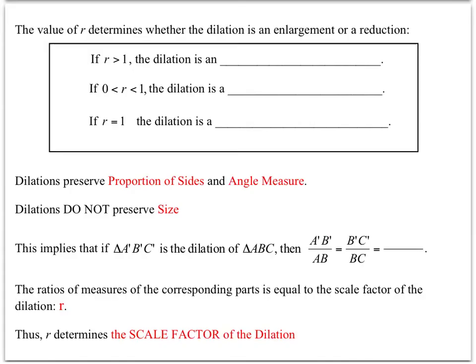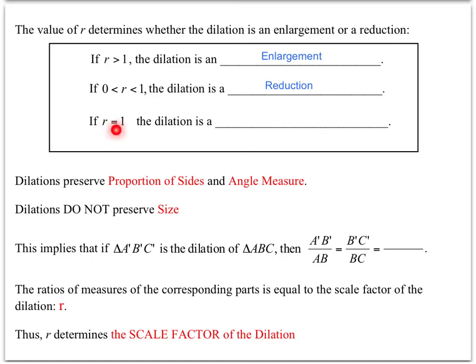To summarize what we just learned in the last two examples, we had the first situation where R was 1.5, so R was greater than 1. The dilation was an enlargement. In the second example, where R was 1/4, meaning it was between 0 and 1, the dilation was a reduction in size. Think about what would happen if R was equal to 1, just in terms of the formula that we used in the last example.